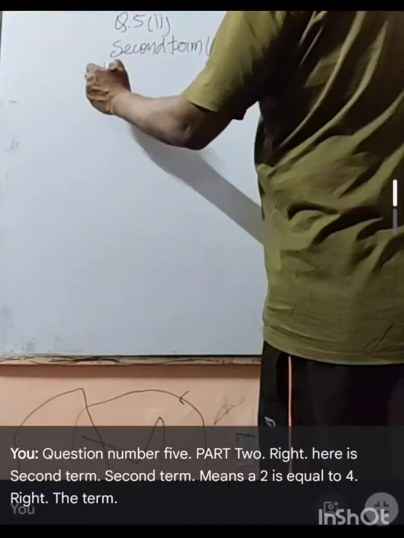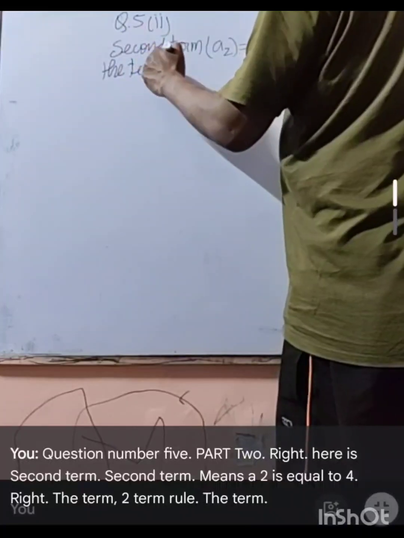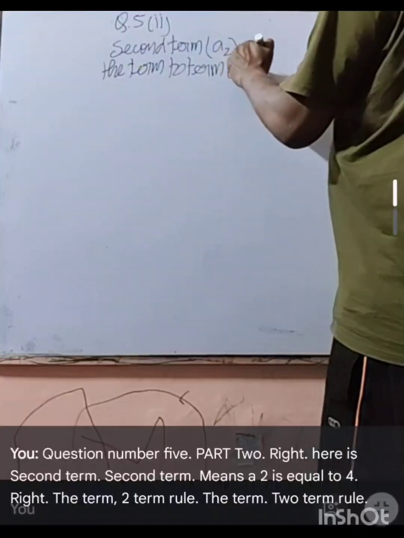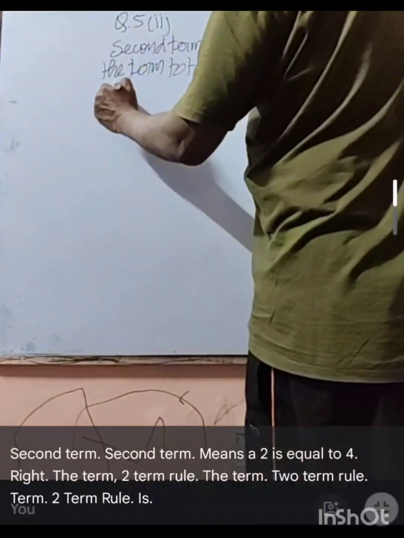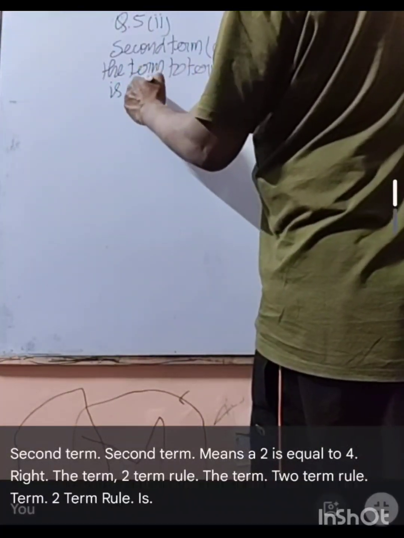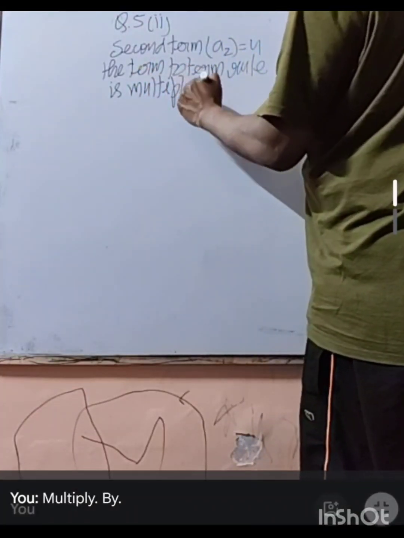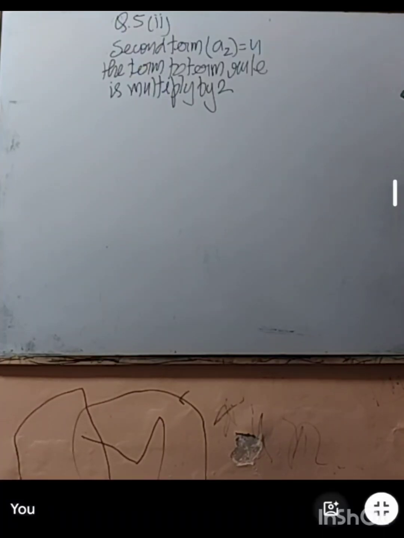The term to term rule is multiplied by 2, right?